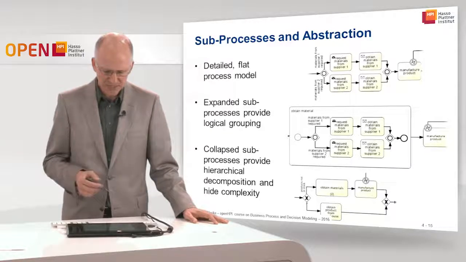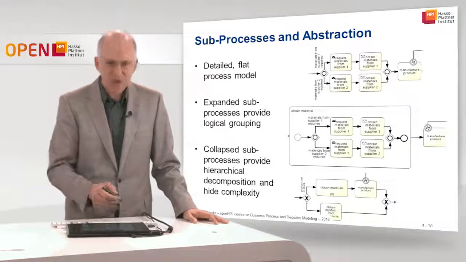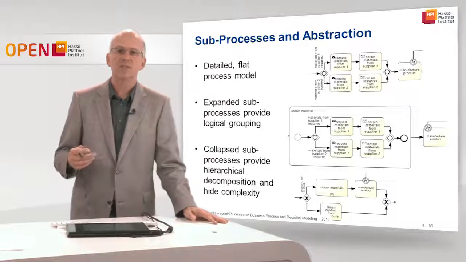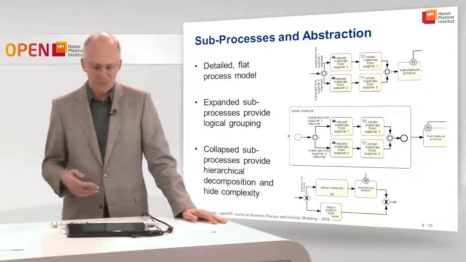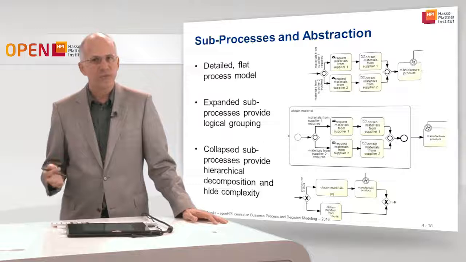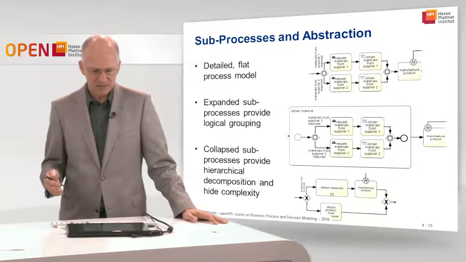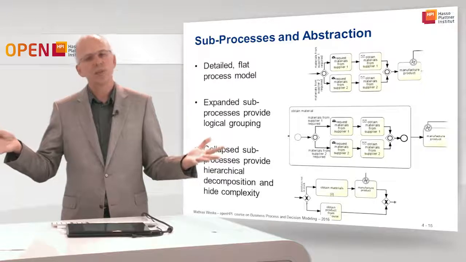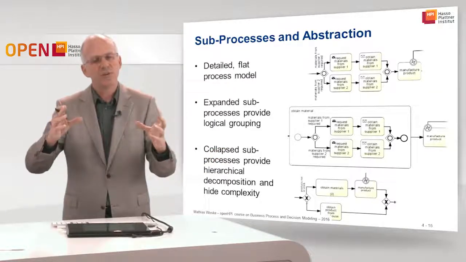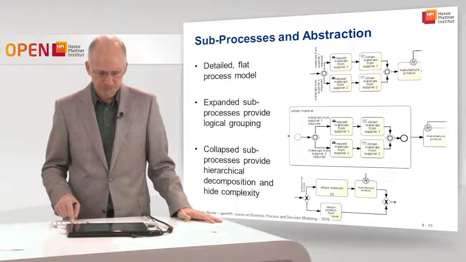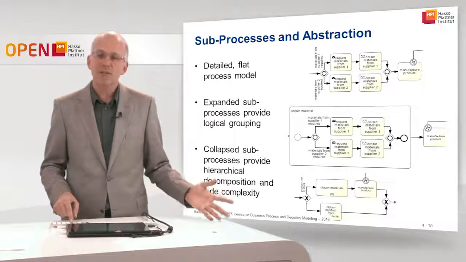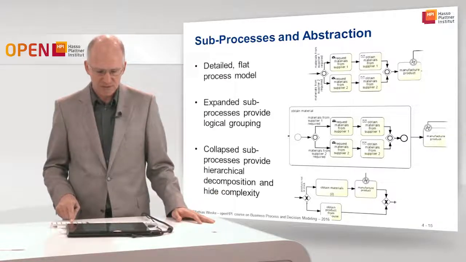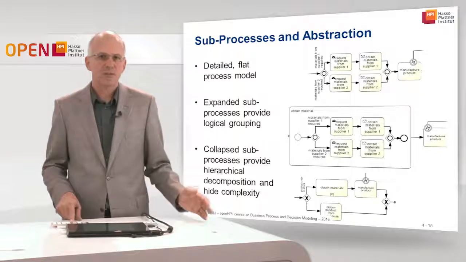So in terms of abstraction, the collapsed sub-process provides the strongest means to provide abstraction. And that's what we initially talked about. When our process models grow too large, we can identify parts that belong together and hide these as sub-process, and we can then collapse it to reduce the complexity of the process model and to provide abstraction.